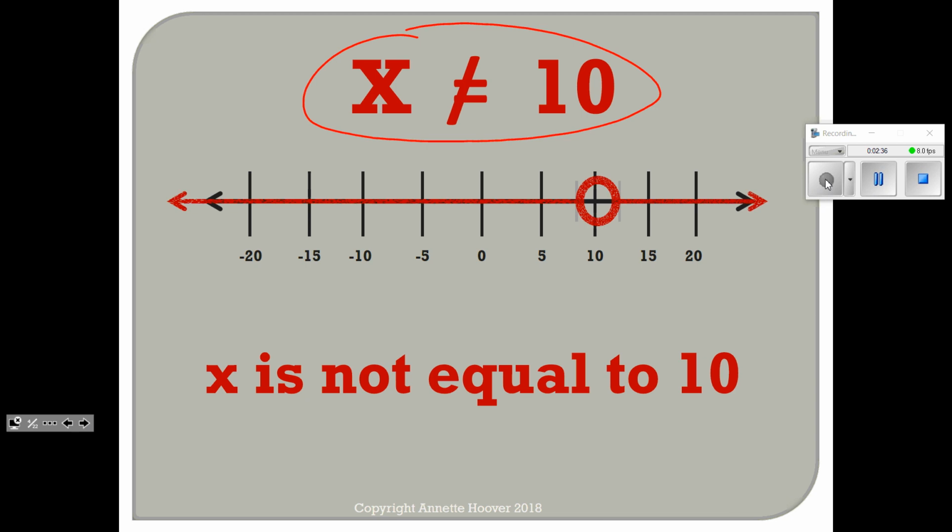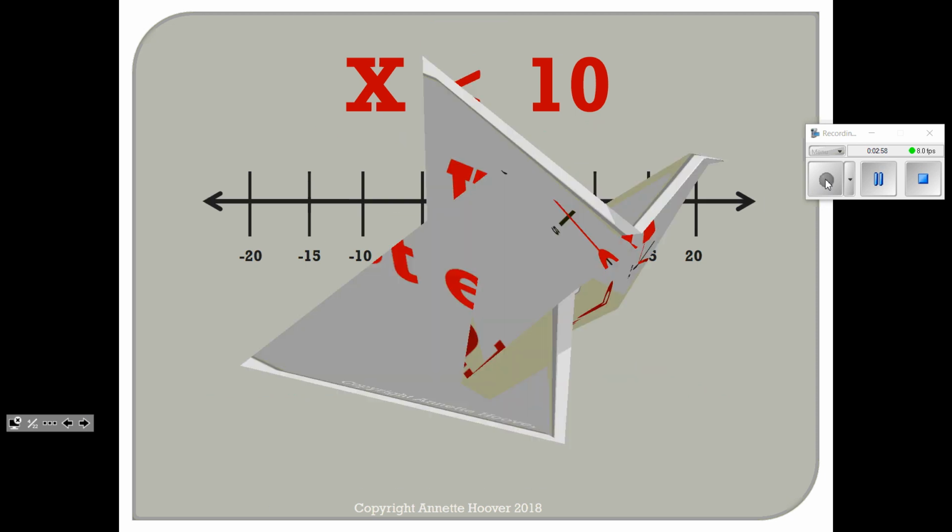So to show that on a number line, what we do is we put what I call a circle dot on 10. It's not filled in, and then an arrow going to the left and an arrow going to the right, showing that it's every number greater than, every number less than, but not 10. If it had been 10, we would have filled that dot in. Because it's an open dot, then it's not equal to that.